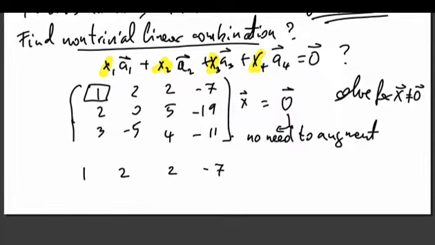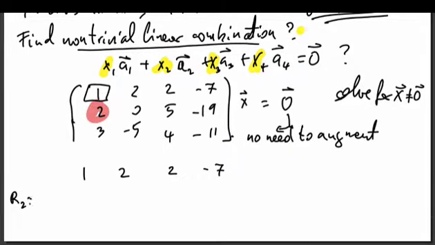To make this 2, 0, what we do is the new row 2 will be row 2 minus 2 row 1. So we get 0 here, then -2, that's 4 minus 4 plus 5, 1, and then -2 times -7 is 14, minus 19 is -5.